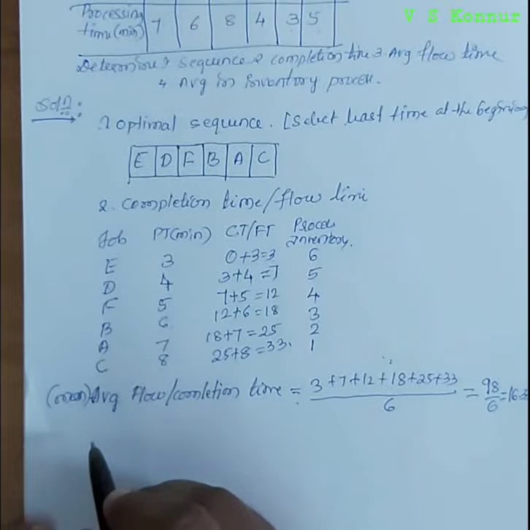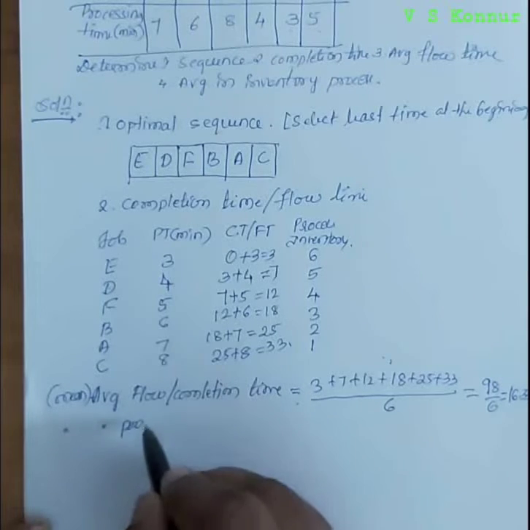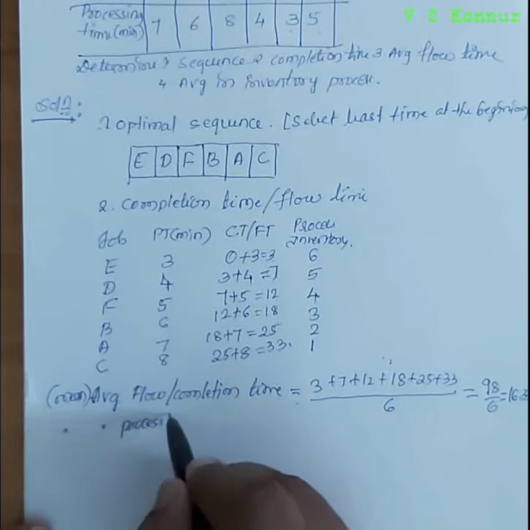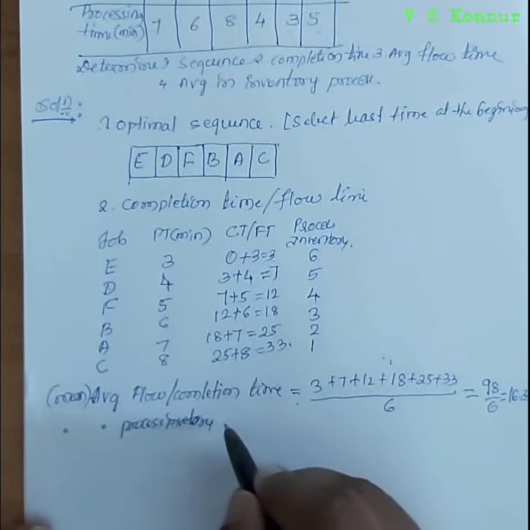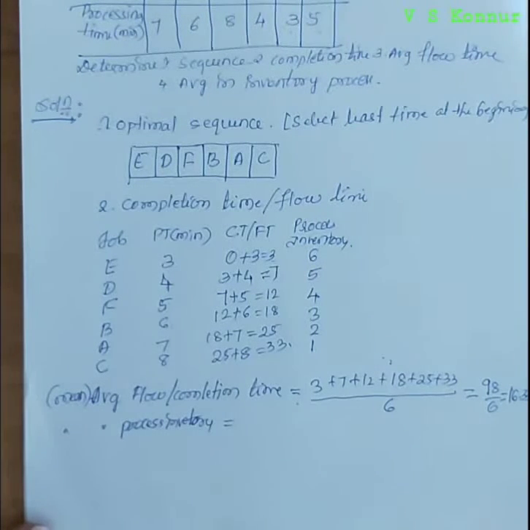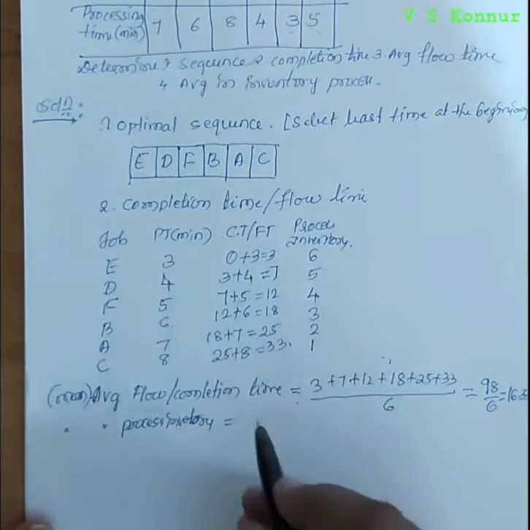Now we have to calculate the average or mean process inventory. It is calculated depending upon the process inventory into processing time.